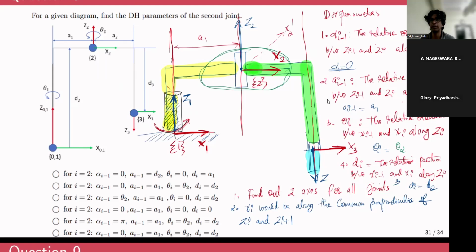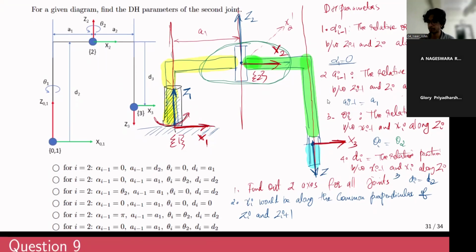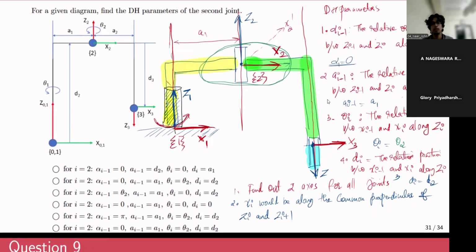And they have to be in that specific sequential order. Alpha first, then ai second, theta i third, then di would come as the final parameter. Okay, so yeah, that's how you assign frames and find out these parameters.